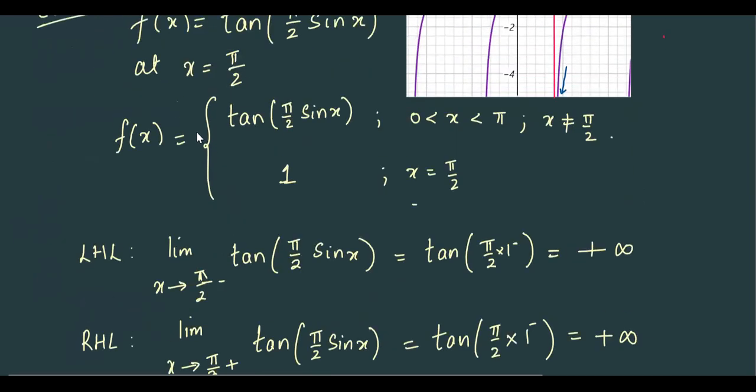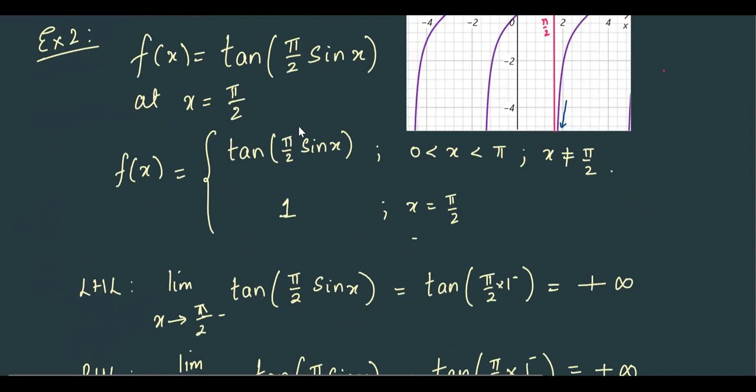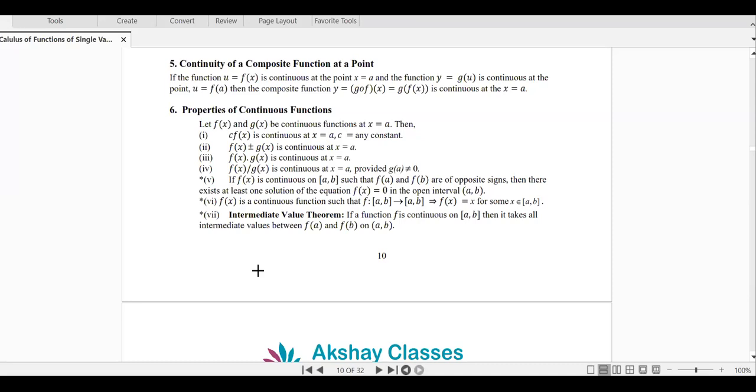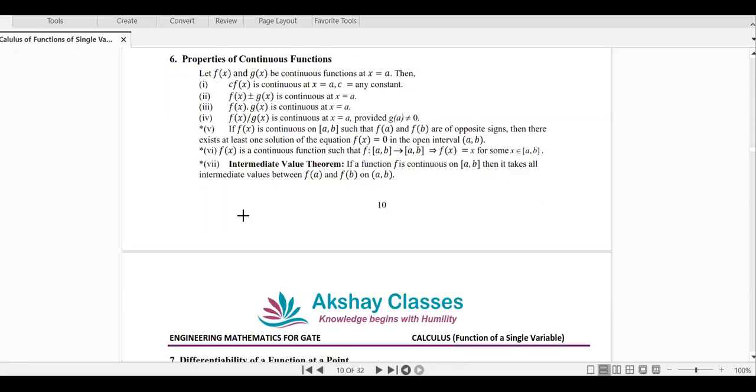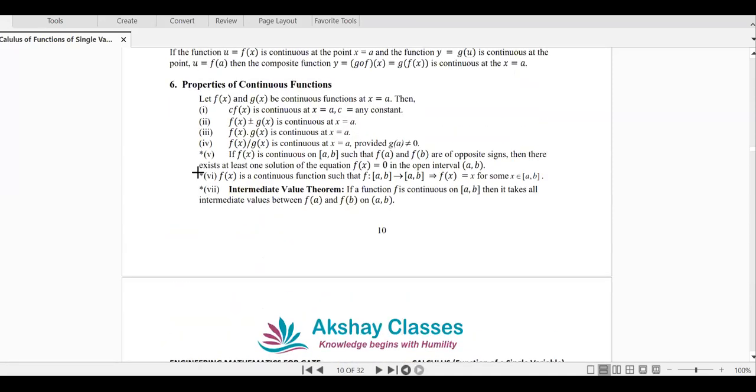In the next example, the inside function is continuous throughout, but the outer function is discontinuous. So you have to be careful in composite functions. We just need to be a little thoughtful.